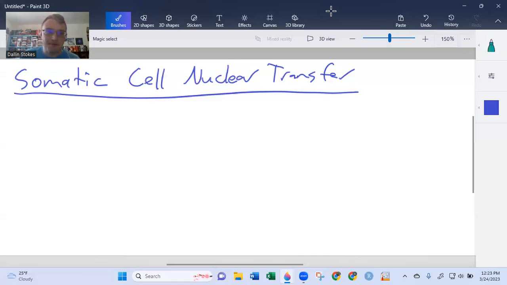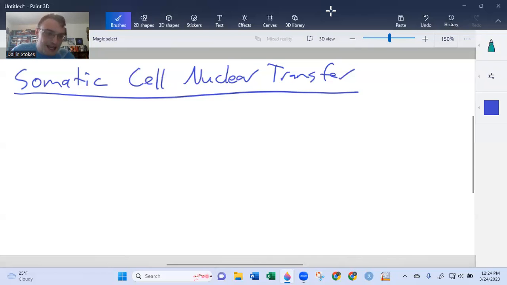So here's the idea. We need to be able to create an embryo that's 100% genetically identical to me and can develop into a baby, right? Well, here's our predicament. None of the cells in my body have the ability to develop into an entire human baby, right?